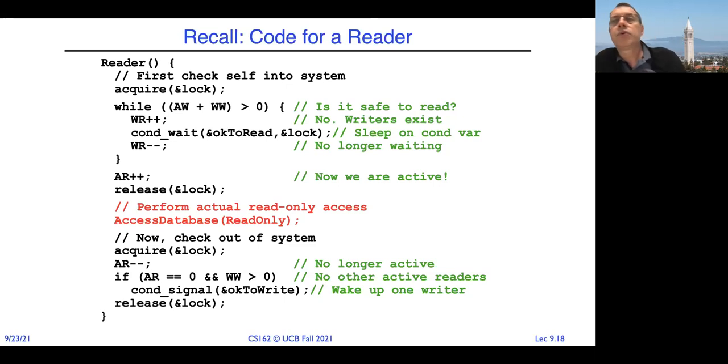Now what I need to do is wake up threads which may be waiting, for instance, to write to the database. So if active readers is 0 and there are waiting writers, then I'm going to send a signal, okay, to write.